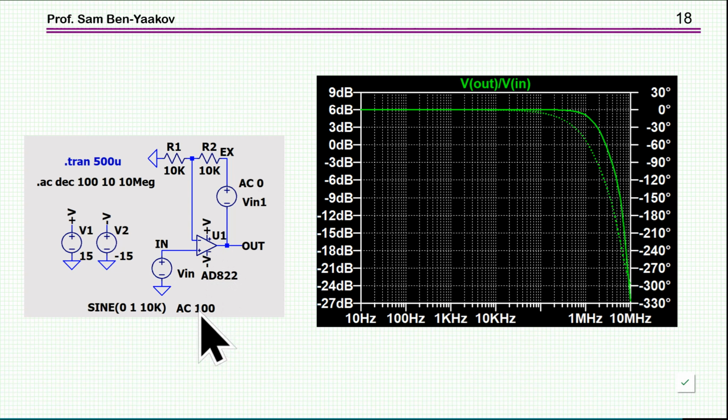I put here 100 volt, nothing will happen to the amplifier, it will not burn out, everything is fine because it's an equivalent circuit which has nothing to do with the actual circuit. And then while I am running it, I'll get this value, and if I take V out over V in, this is what I'm getting, and I'll get the same thing if this would be 1. They'll be the same thing because again it is a linear circuit.